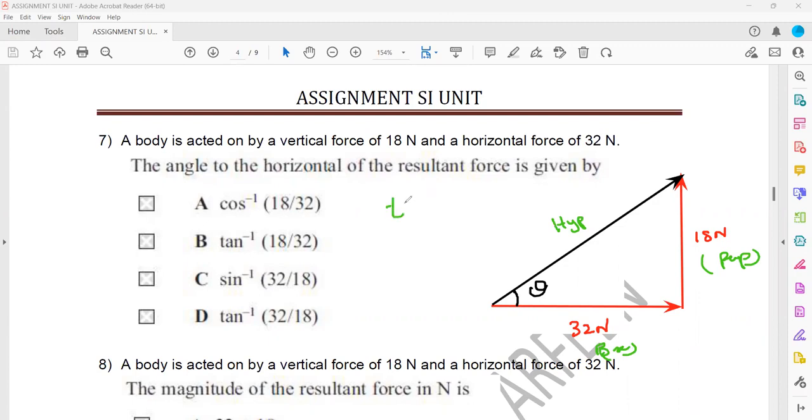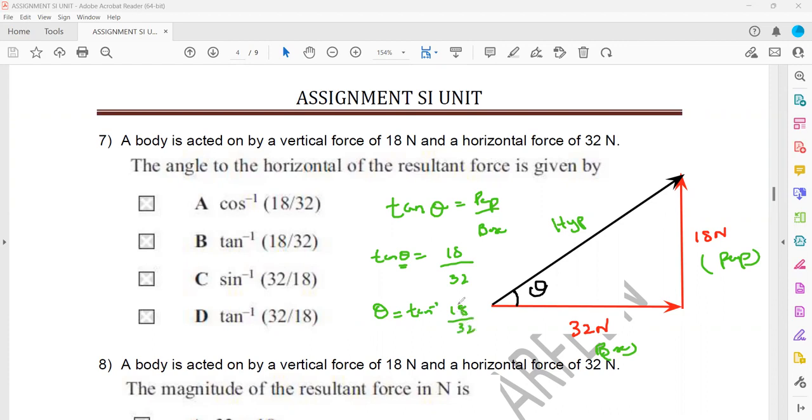To get the angle, we'll use a trigonometric ratio, the tangent theta, which is perpendicular divided by base. So tangent theta, we want to find the angle, perpendicular is 18 and the base is 32. If we need theta, that tan will move to the other side, it will become tan inverse. So theta equals tan inverse 18 divided by 32.